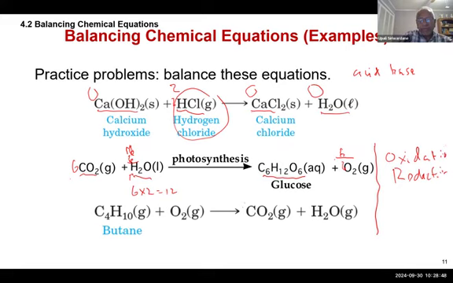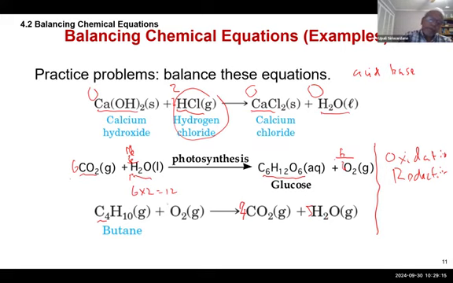So you start with 4 here. 4 hydrogen, 4 carbons. Then you go to the water, 5. 4 times 2 is 8. 8 times 2 plus 5 is 21.